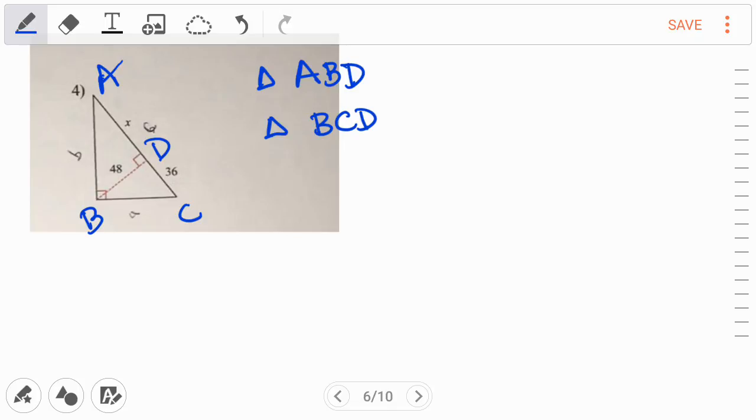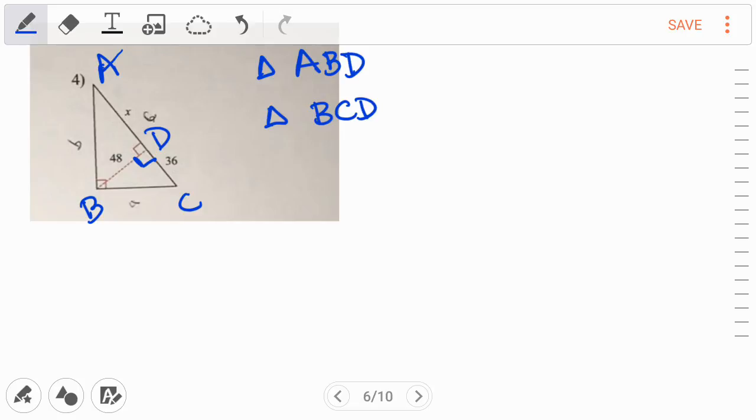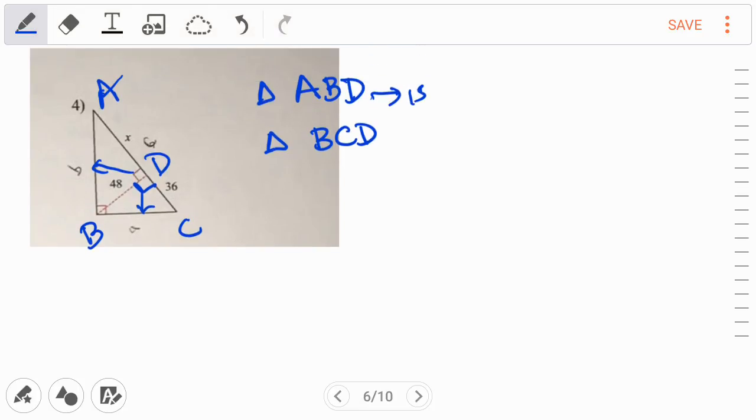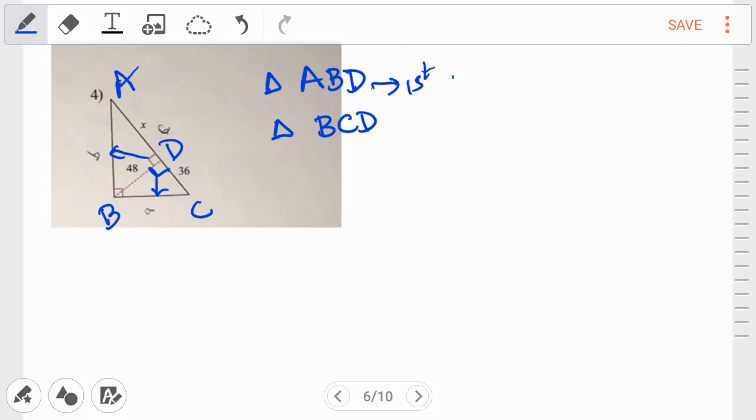So let's start the same rule again. This is our 90 degrees over here. Opposite to the 90 degrees is our hypotenuse. So this is my first triangle. I gotta write this down. First triangle, this is my second triangle. Hypotenuse of the first triangle is AB. Hypotenuse of the second triangle is BC.